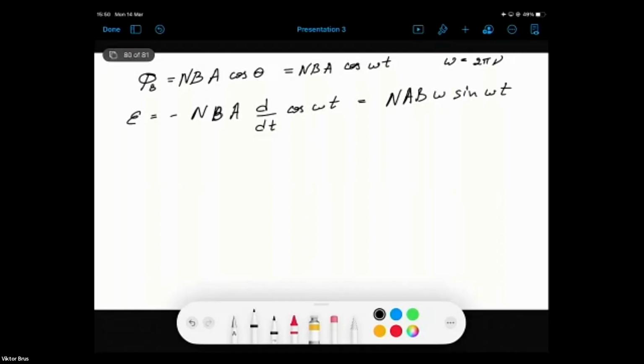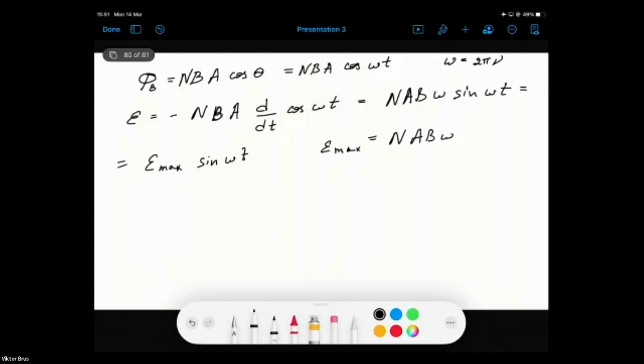So here we get the maximum, so we can actually write it in a bit different form. It will be epsilon maximum times sine omega t. This epsilon maximum, the amplitude value of the induced electromotive force, will be N times A times B times omega.